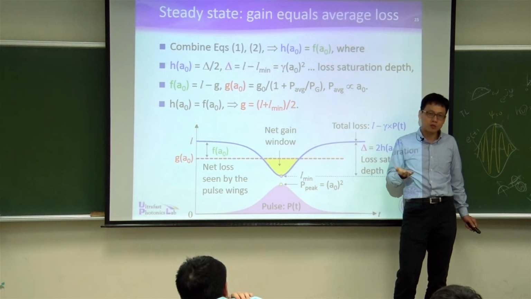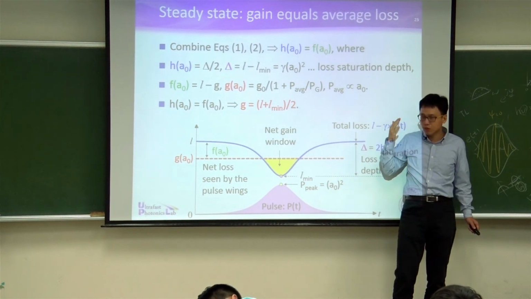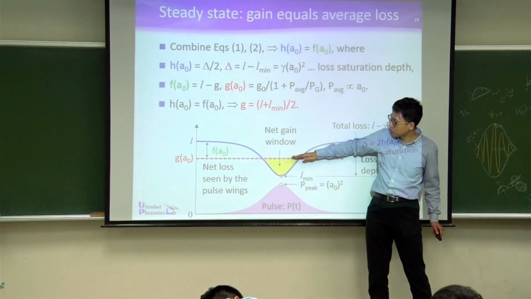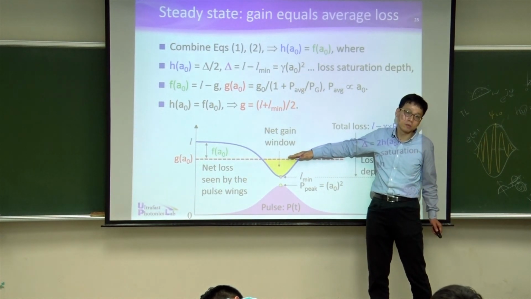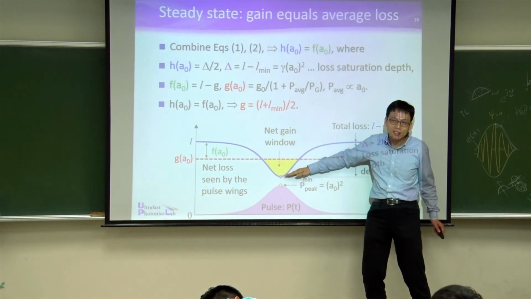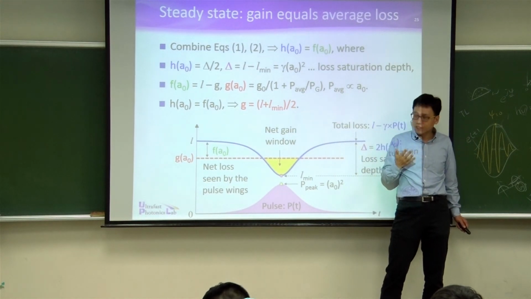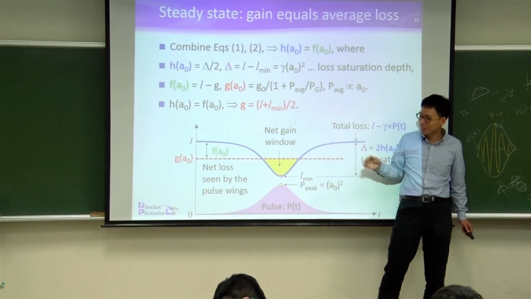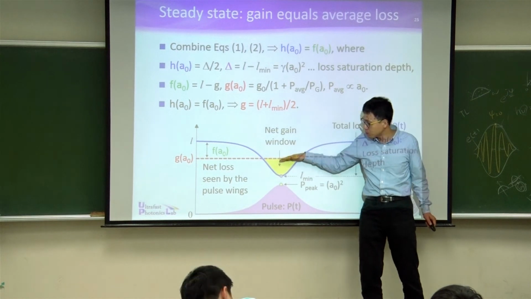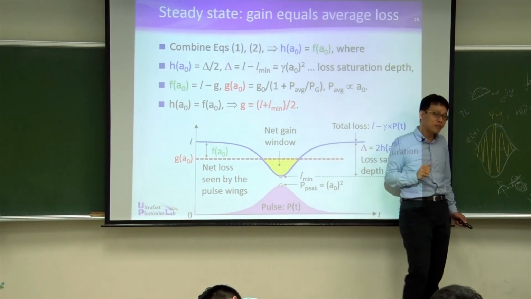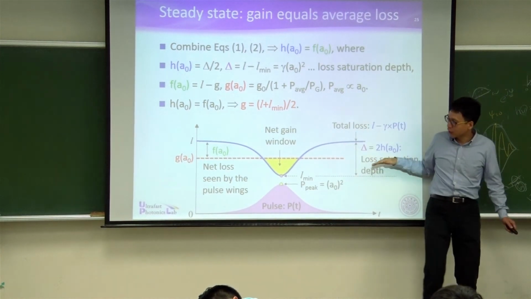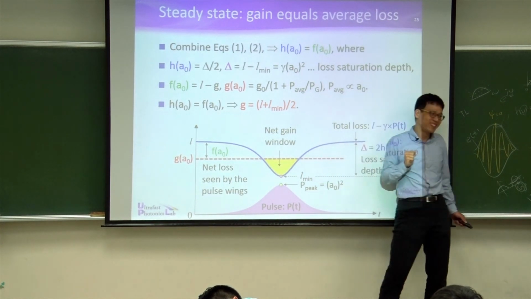And your gain saturation is even stronger. You have a smaller gain. So the red dashed line will be lower. Okay? Then it's again possible, right? Your blue curve is deeper, but your red curve is also lower. So maybe you can cut through the middle.